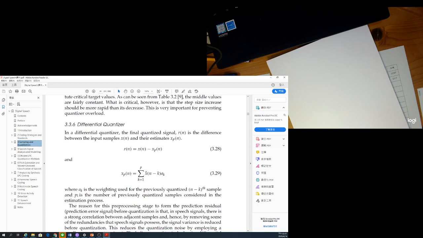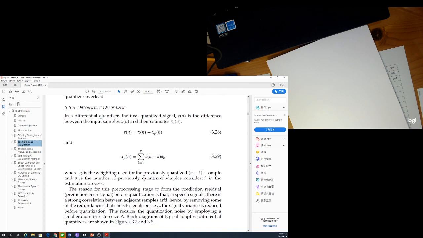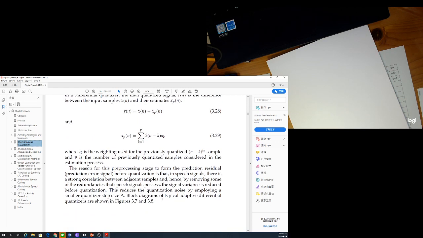Here we consider the previous p dequantized samples. You do this pre-processing to make your signal entropy lower. That makes good use of your quantization levels and makes the quantization loss and degradation lower.